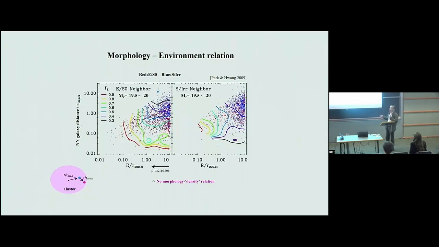You appear to observe it because local density has a statistical correlation with the nearest neighbor distance. So as you go to high density, your neighbor is statistically closer, but it's actually the neighbor which is changing your property.